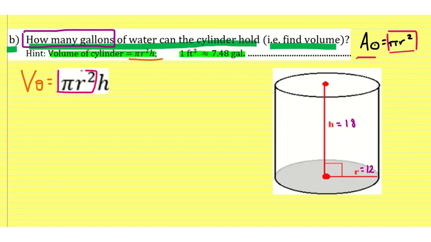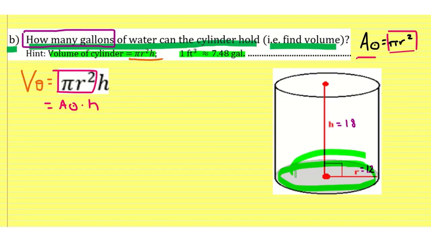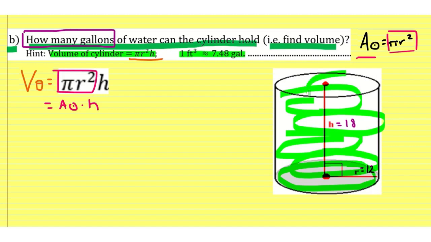Pi r squared. So this is like saying that the area of a circle multiplied times the height will equal the volume. So there's the area of a circle, and then we're multiplying it times the height. So I'm going to get the area of a circle, and then I'm going to keep adding it and adding it all the way up as tall as the height.